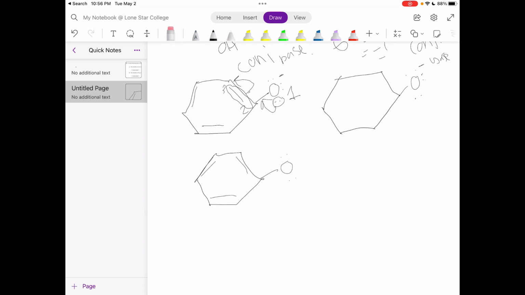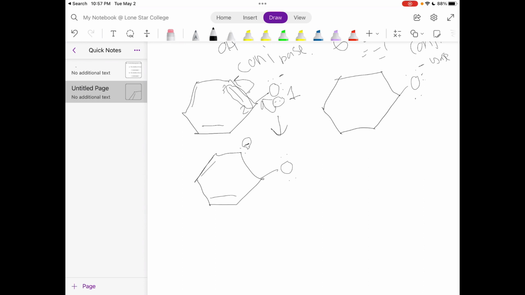Wait. Sorry. This doesn't belong here. Because remember how I said we take it out? So a lone pair comes right here. This becomes negative right here. Okay? That's one resonance structure.